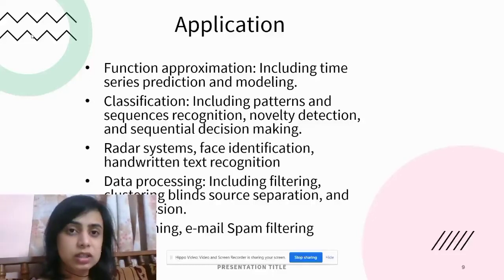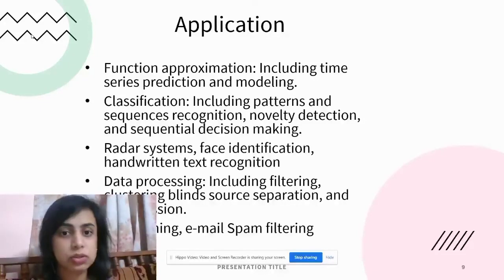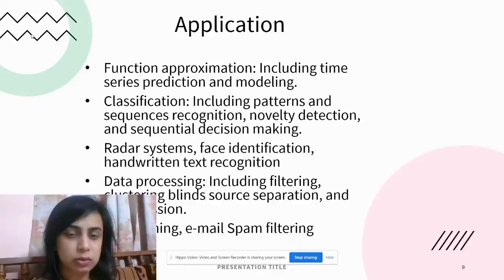Then we have a data processing part that includes filtering the data, clustering, blind source separation and compression. So basically, this can be used for email spam detection or data mining and various other multitude of applications that artificial neural networks have.